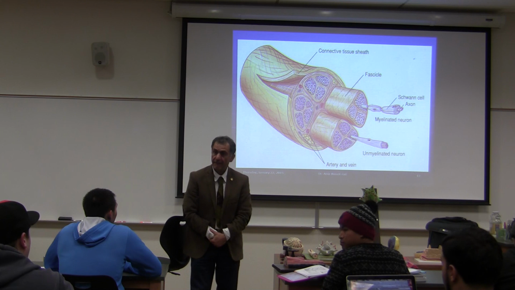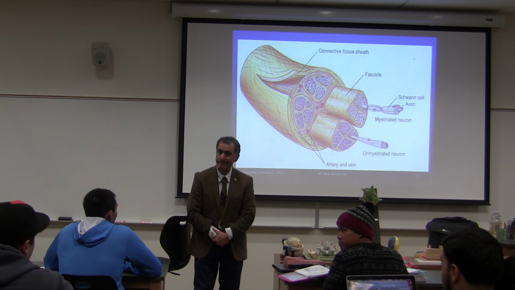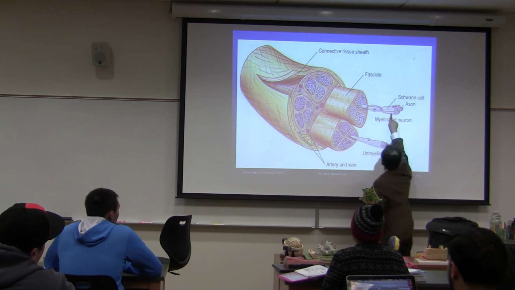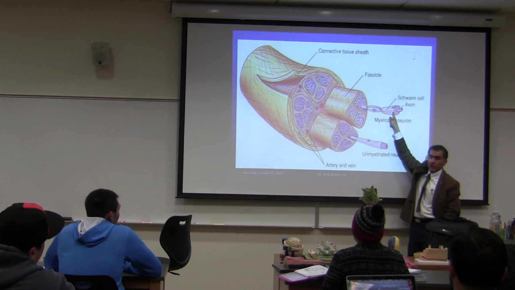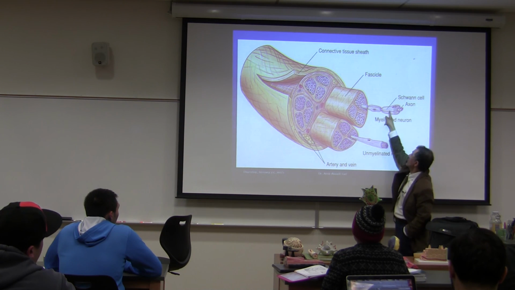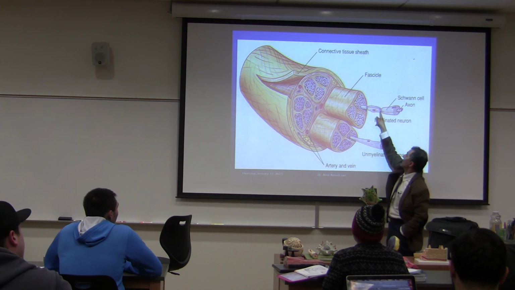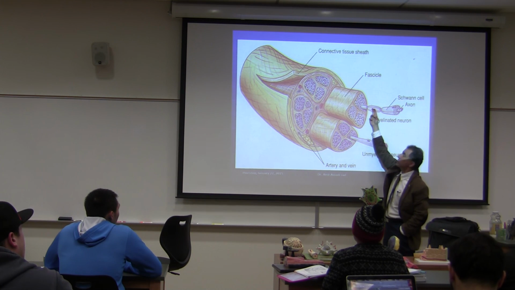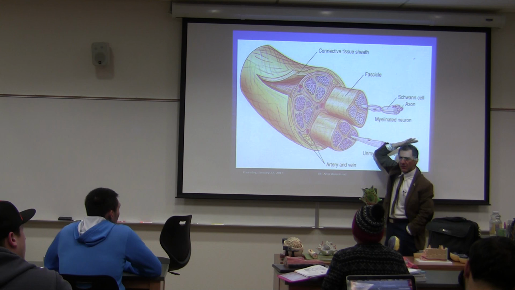Yes, sir? Why does the myelinated make it jump so much faster? Because of the insulator. This is insulation. So that insulation causes the sodium to not get in there. Sodium only can get in here. There is a gap between this Schwann cell and that Schwann cell. Did that answer your question?